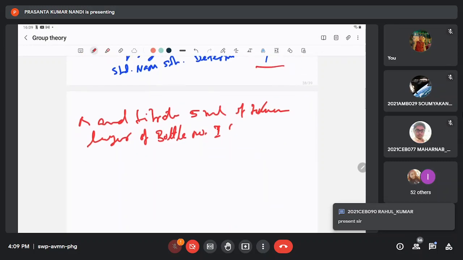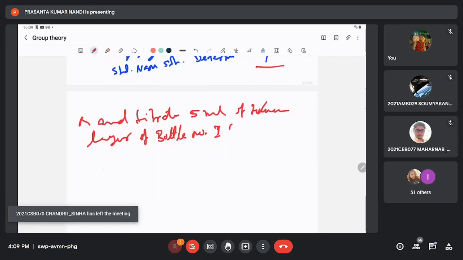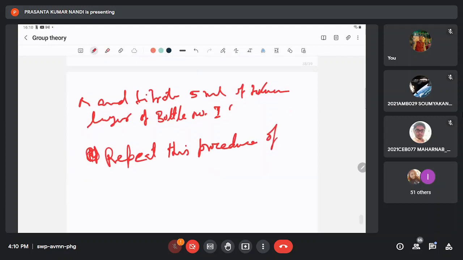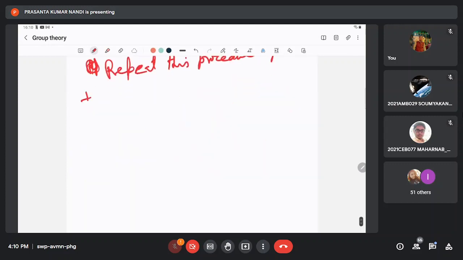Now repeat this procedure of titration for bottle number 2 and 3.